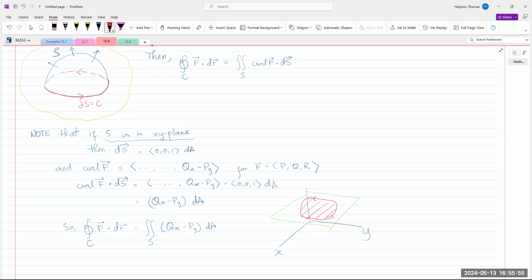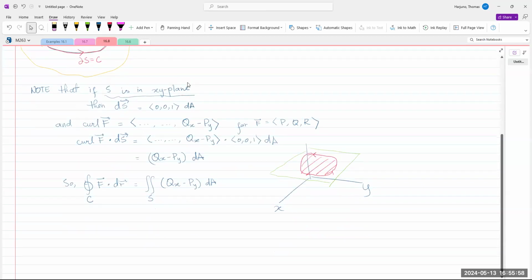So we can actually do this, which, if you remember, is basically Green's theorem. In other words, I have established that Green's theorem is actually a special form of Stokes' theorem, and Stokes' theorem is the generalized form of Green's theorem.